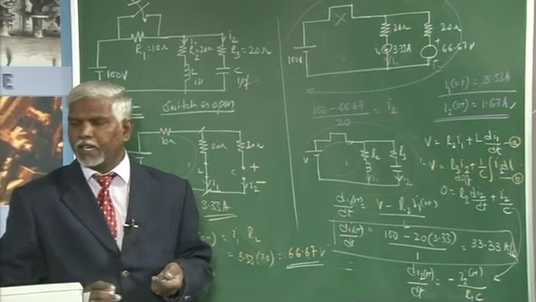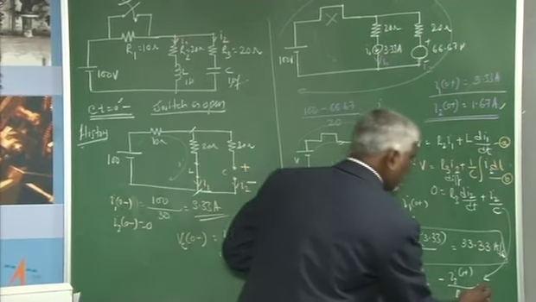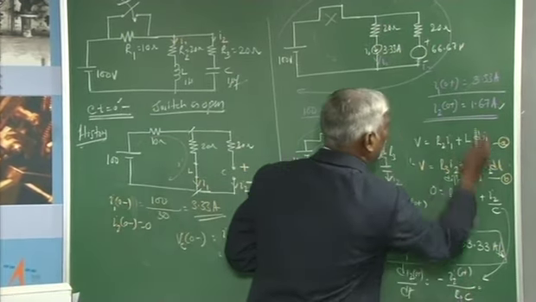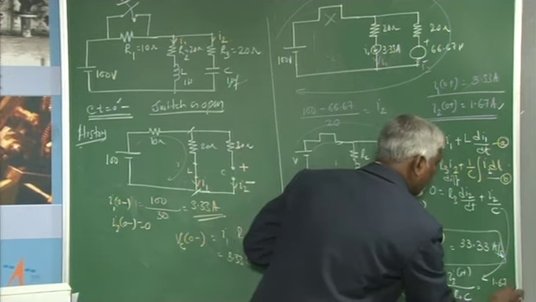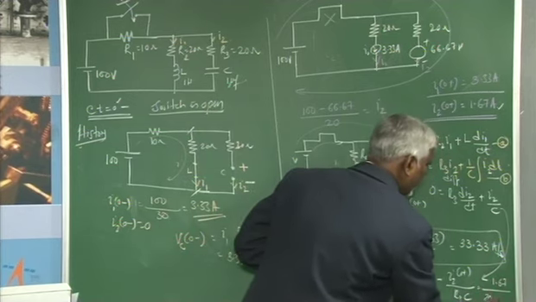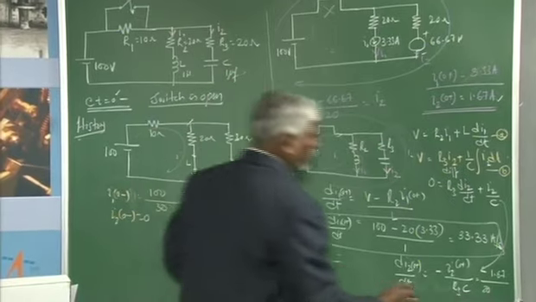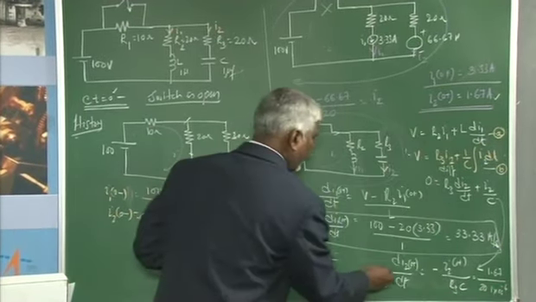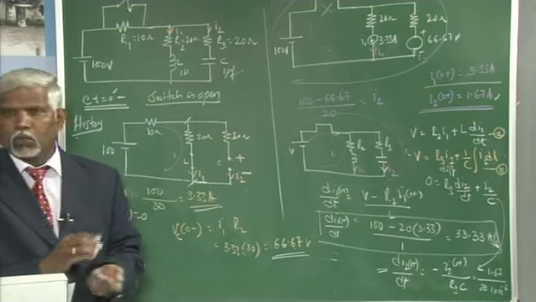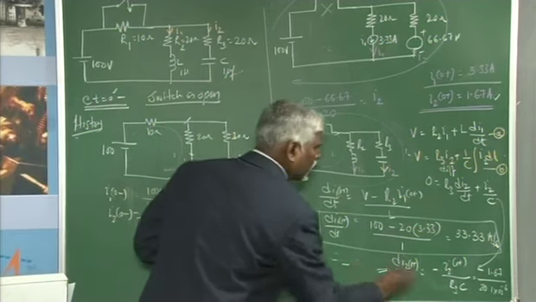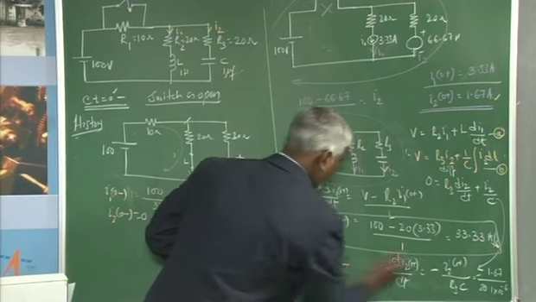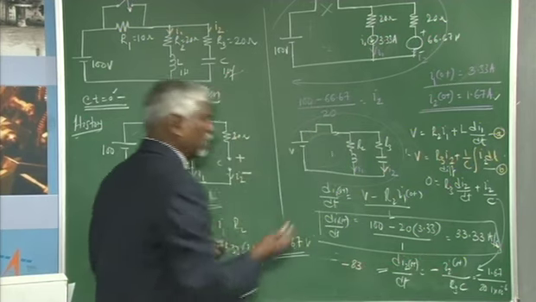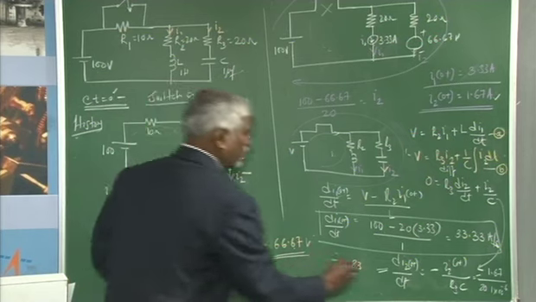If you substitute I2 as 1.67, divided by R3 which is 20, and C which is 1 microfarad, 1 into 10 to the power of minus 6, we get dI2 by dt equal to minus, because I have a minus sign here, 83,500.